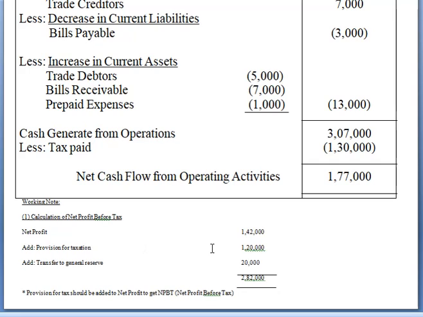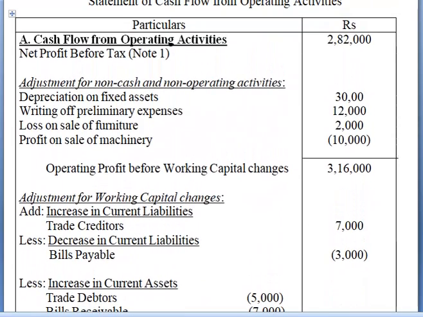And there is again this transfer to general reserve of 20,000. So when you do the addition here, you will get 2,82,000. So this is how you get NPBT, net profit before tax, 2,82,000.